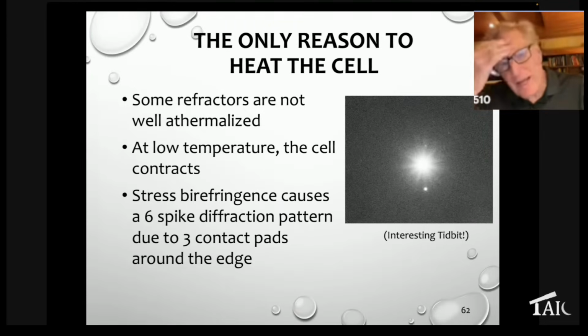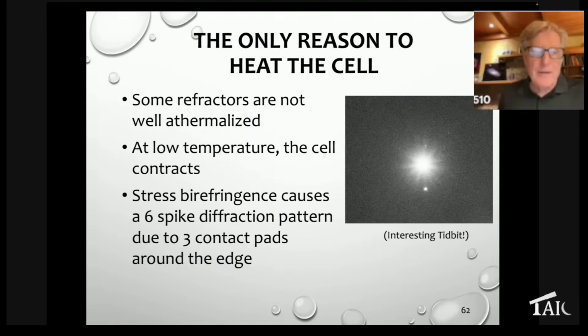Some refractors are not athermalized, and this came up on Astro maybe a couple months ago. And it was a brand new telescope, and as soon as the temperatures went down, diffraction-like spikes happened around all the stars. Well, this was happening because the cell wasn't designed well.